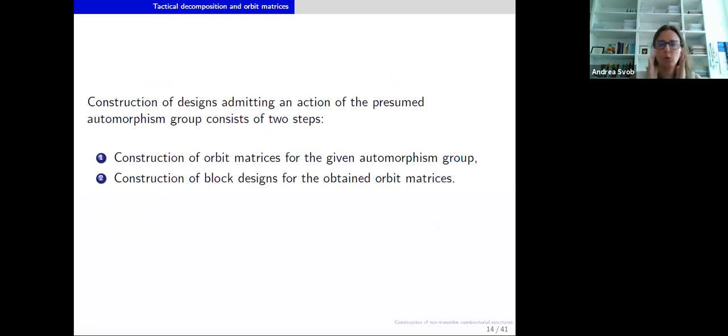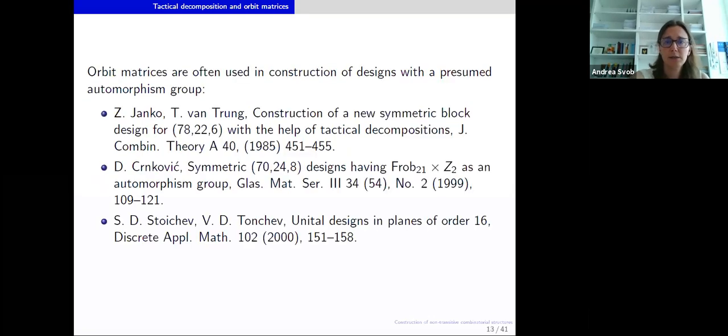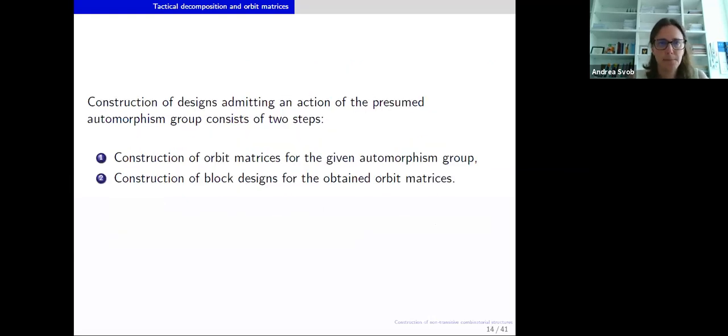So what is the main idea that I should say before this first part? In the result, we want to construct a design. In these papers, this was always the idea: as a result, having a design, hopefully some new design. So how can orbit matrices be used in that way?